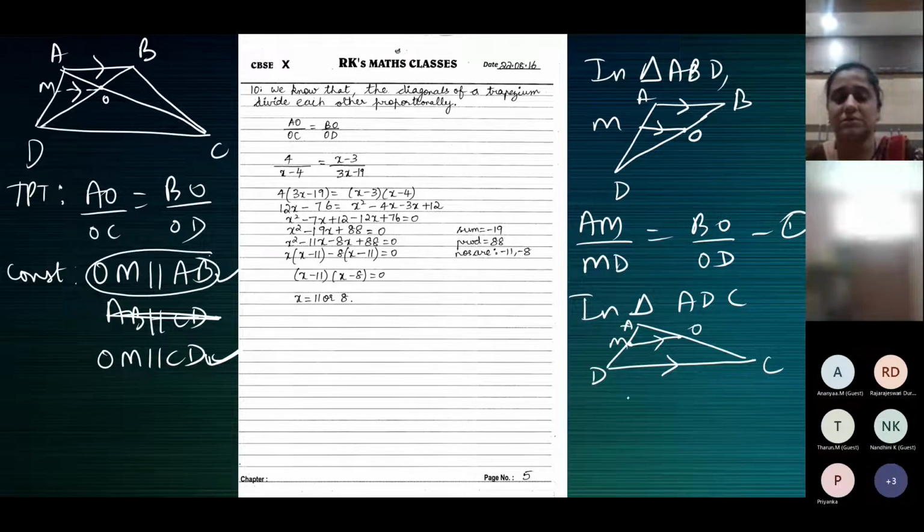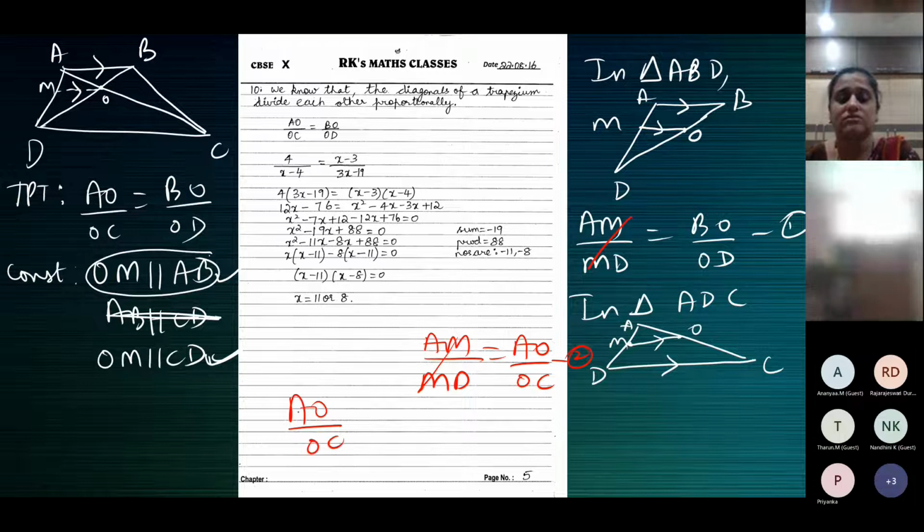So using BPT in this triangle, we have AM by MD is equal to AO by OC. Call this 2. From 1 and 2, AM by MD is common in both. So AO by OC is equal to BO by OD. Hence, we have proved that the diagonals of a trapezium divide each other proportionally.